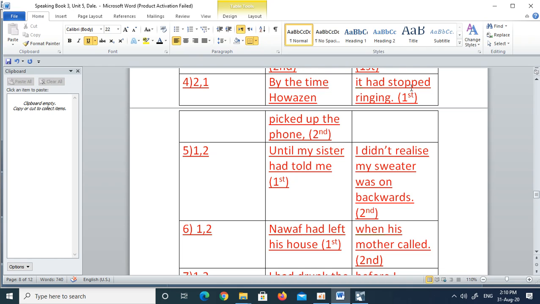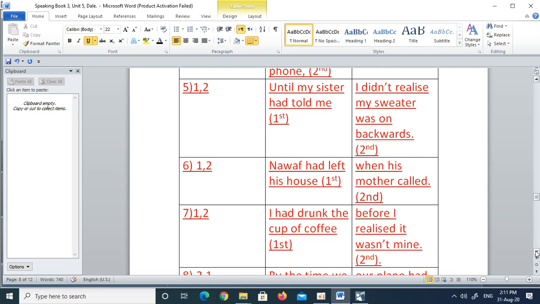We are saying that the ringing stopped first, and then Howison picked up the phone second. And because the ringing stopped first, we would use had before stopped. Because that is the first action, it goes into the past perfect tense with the had.